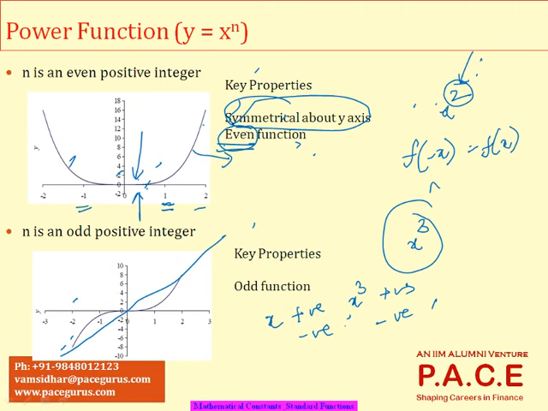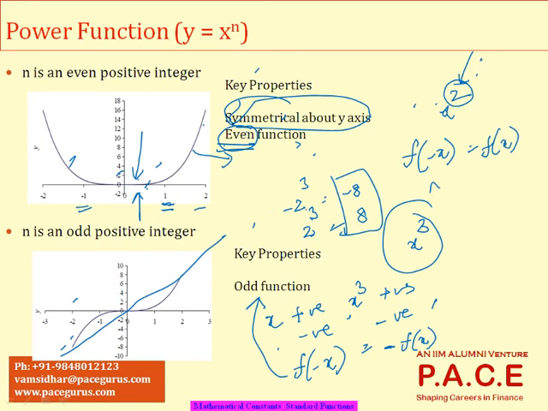What that means is, if I try to find out the value for a negative value, and it comes out exactly the same as its corresponding positive value, but just a sign difference, minus f of x, we call such kind of functions odd functions. Let's say minus 2 cube, which is minus 8. Whereas if I take 2 cube, it is plus 8. The value is the same, but only the sign is different. Then we call them odd functions.